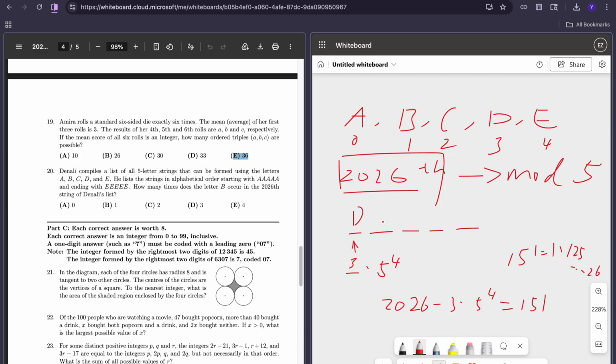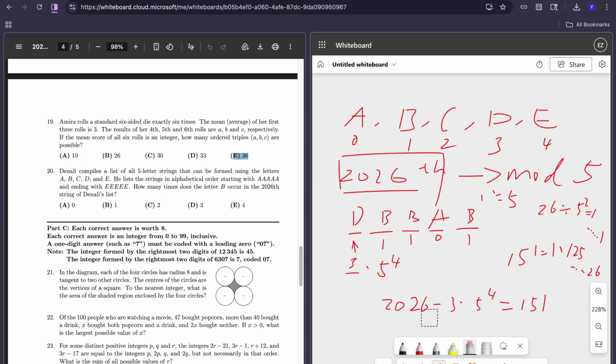So this digit is 1, so it is B. 26 divided by 5 to the power of 2 is 1, left with 1. So it's also B. And right now, 1 is not divisible by 5, so this one's 0, A. Lastly, we get another B.